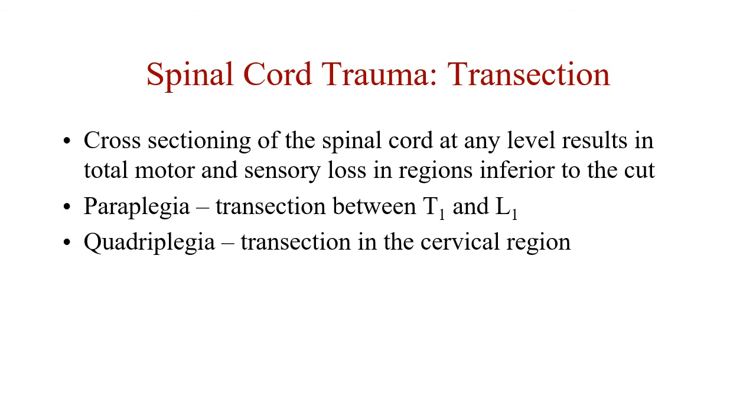And so if it occurs somewhere between T1 and L1, and so it's somewhere in that area where we're below the cervical spine, we have a paraplegia. It's going to either affect anywhere between the chest on down. If it starts to come into the cervical region, we're going to have quadriplegia. And so it's going to start to involve the arms. And once we get up above C5 or so, it's going to then completely involve the arms, and there will be no more use of the arms at all.